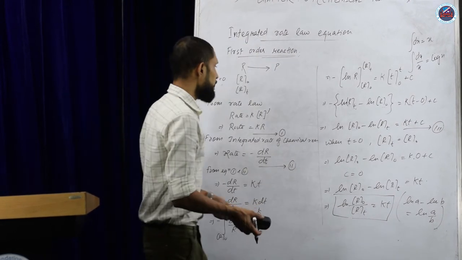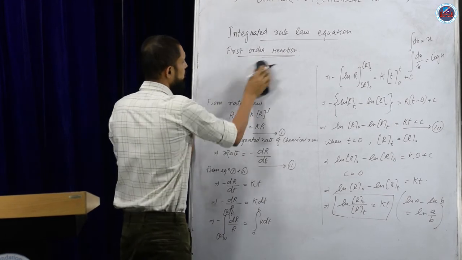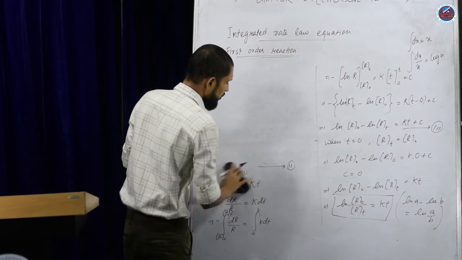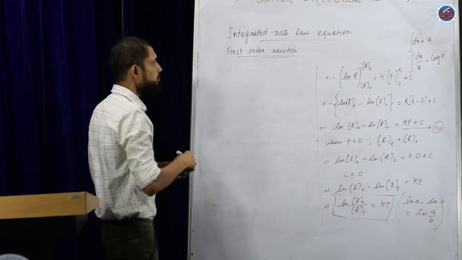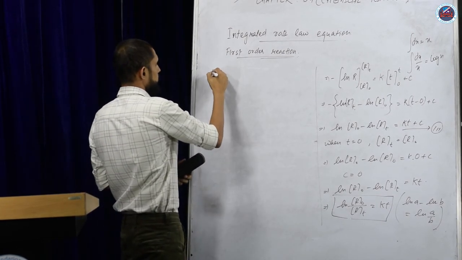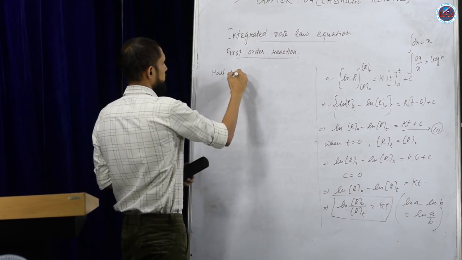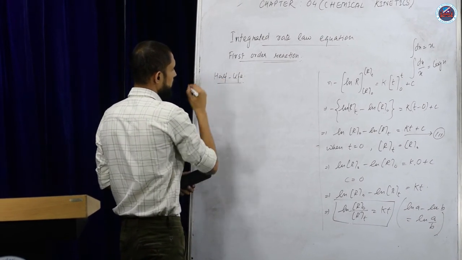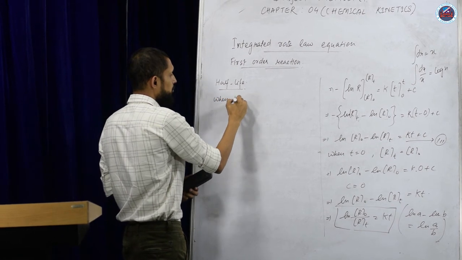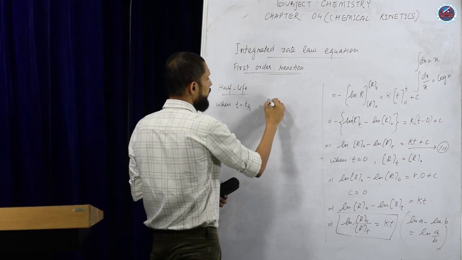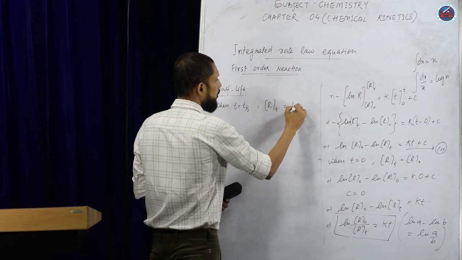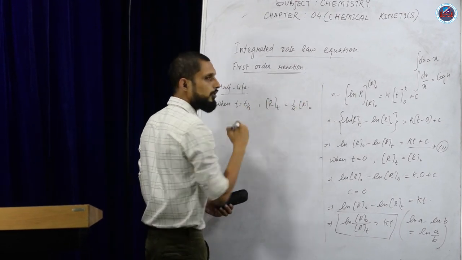Next, let us derive the integrated rate equation for half-life in first order reaction. When time t is equal to t half, that is half-life, the concentration of reactant Rt is equal to half of R0.